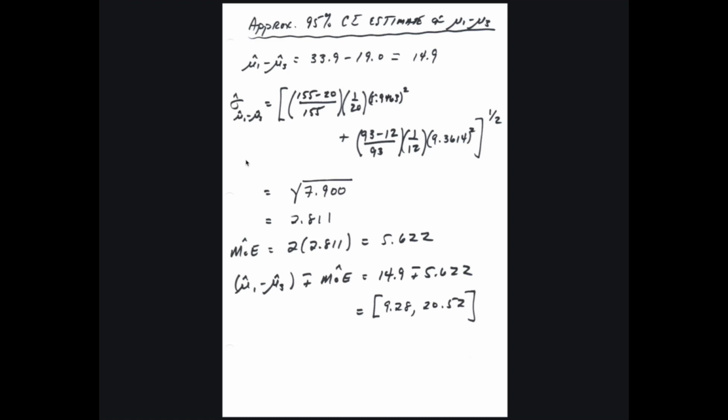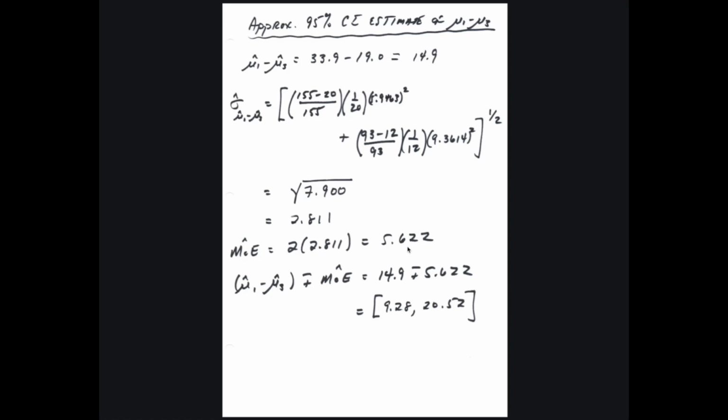Then we calculate the estimated standard error of that point estimate. Using this formula, that turns out to be 2.811 hours. We multiply that by 2 to get the estimated margin of error associated with mu hat 1 minus mu hat 3, which is 5.622 hours.